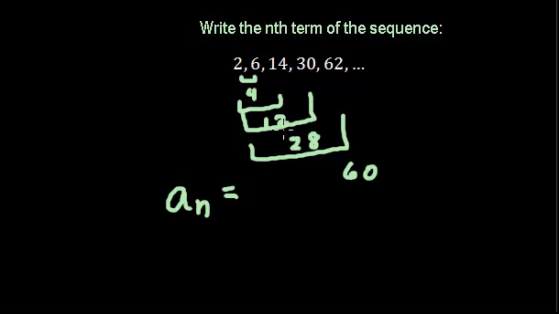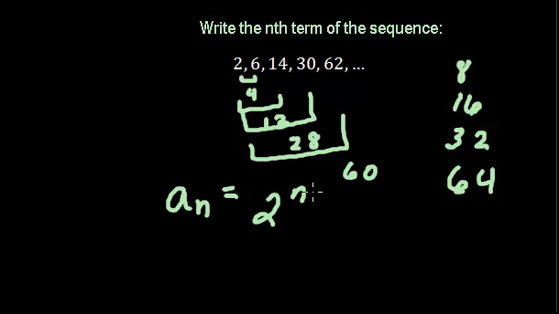This would be 2 to the 4th minus 4, because I'm looking at 8, 16, 32, 64. Notice that these numbers all relate to each other as powers of 2 minus 4. So after some finagling around with it, I figured out that I could do 2 to the n plus 1 minus 2, and that would get me a formula that works for everything.